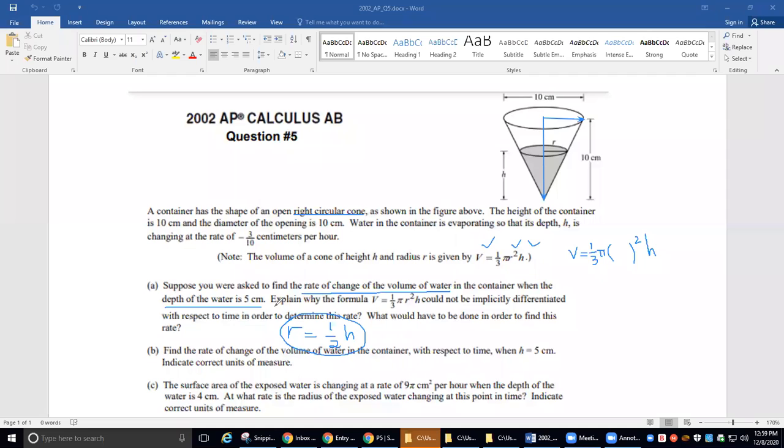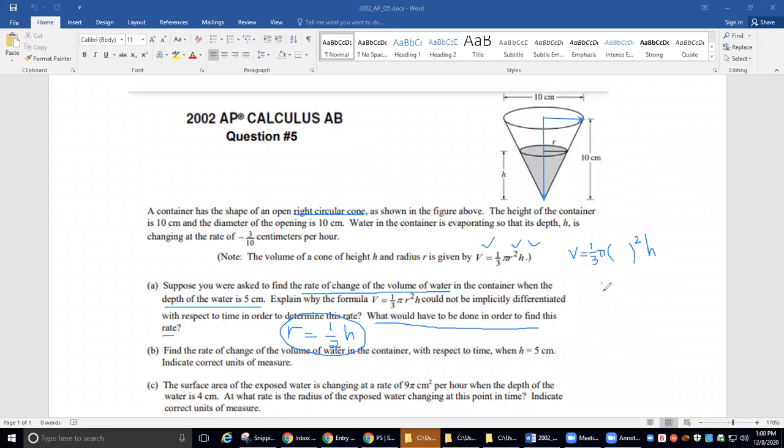The first question says, explain why the formula V could not be implicitly differentiated with respect to time in order to determine this rate. I have a volume equation. Is this showing me the rate of change, or is this showing me an amount? You need to go ahead and explain that. The second part is where you actually show what has to be done in order to find this rate.